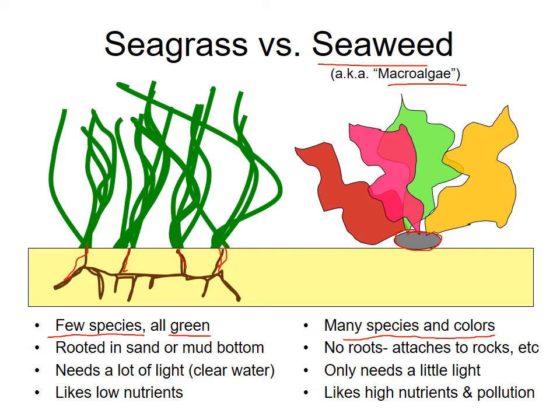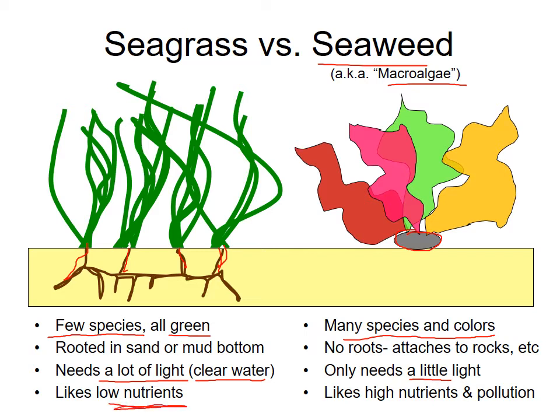Seagrasses do have some weaknesses, though. They need a lot of light, very clear and shallow water, whereas seaweeds, of course, they need light as well because they're photosynthetic organisms, but they don't need as much light. They can get by on less light. Seagrasses, because they're able to get nutrients from the sediments with their roots, and because they grow slowly and need a lot of light, they actually prefer low nutrient environments.